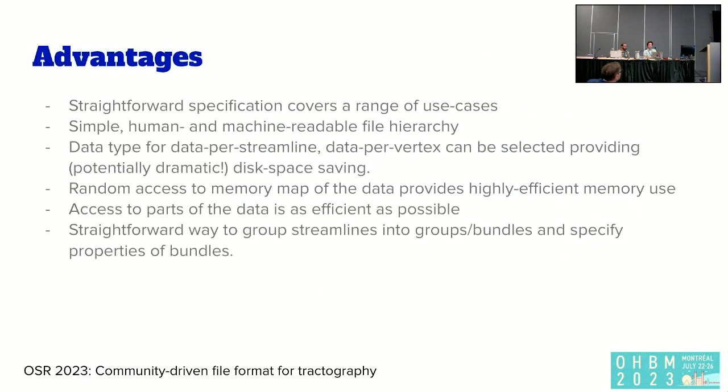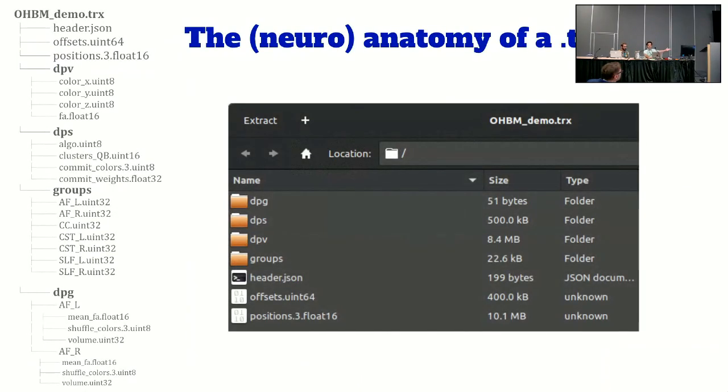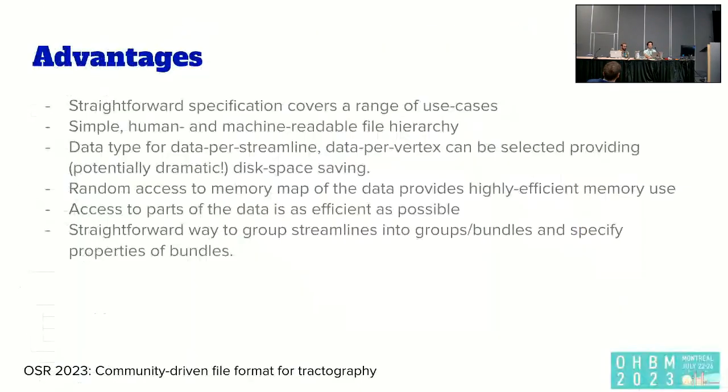So advantages of this kind of organization: it's a straightforward specification that covers a really wide range of use cases, although I'd be eager to hear if there are use cases that are not well covered by this. It provides a simple human readable format, in that if you open the directory and look at it, you can see the file hierarchy, but it's eminently machine readable as well. You can provide data type for each data per streamline, data per vertex, and that provides potentially pretty dramatic disk space saving.